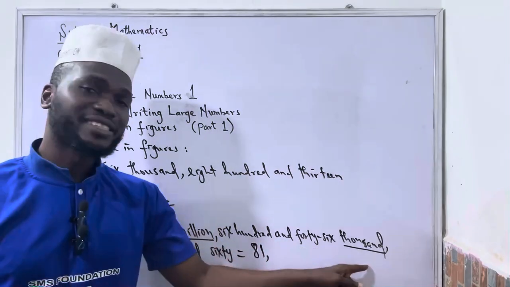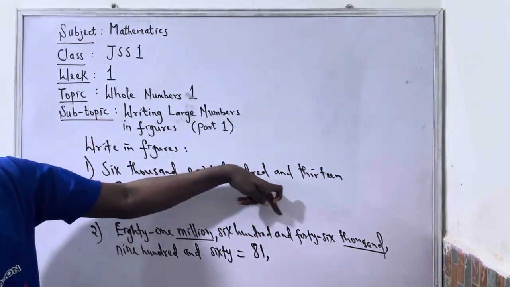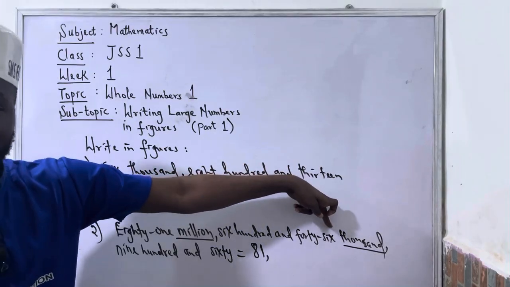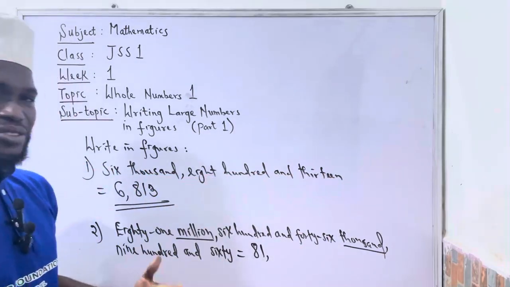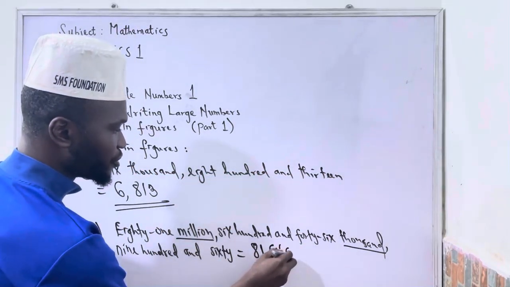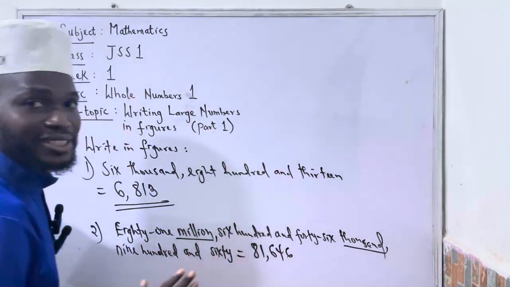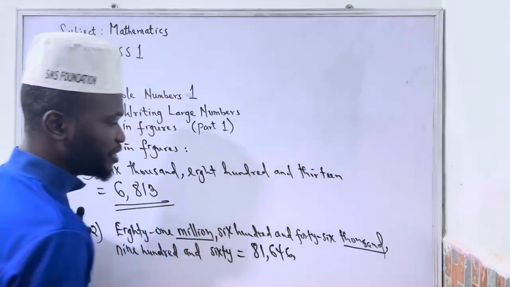Before you write the next family, this is the thousand family. What's the number there? 646. 646,000. So 646 is a 3-digit number. That's complete 3 digits. No problem. So let's put a comma after the family name.